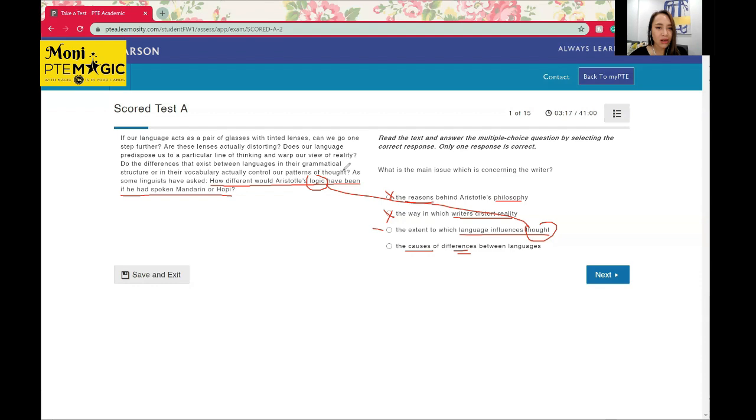This question doesn't contain the causes of differences between languages. So after eliminating three options, we have found our answer, which is this one here: the extent to which language influences thought.